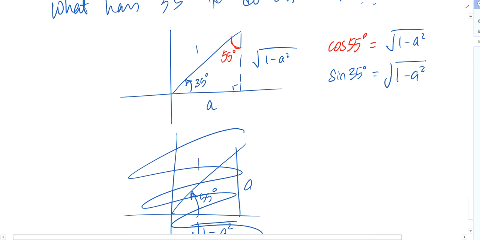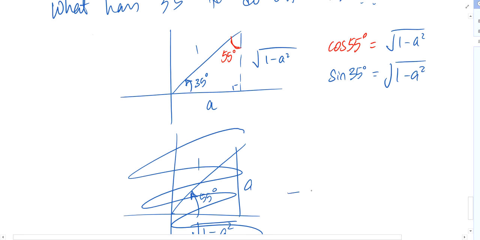Okay, look at these two. What conclusion do you think you can draw from this? What am I getting you to discover? Okay, yeah, they are the same, but what is the relationship between this 55 and this 35? They add up to 90. Right?